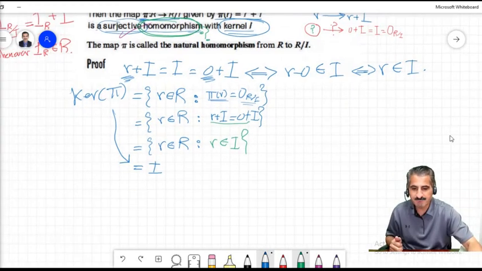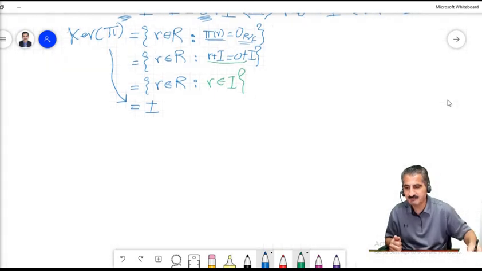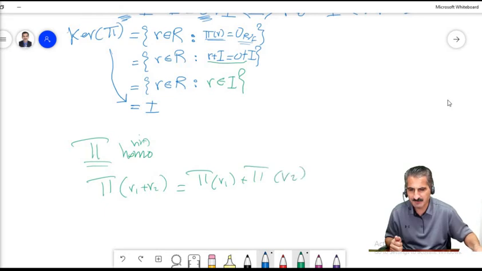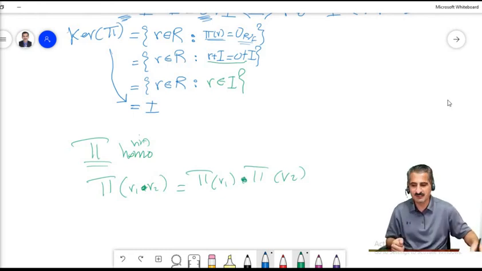Okay. And maybe just let me scratch it. To show pi is a ring homomorphism, I want to show that this equals pi of r1 plus pi of r2, and we have done this for groups. So let's assume for addition we have done it when we worked with groups. So let's do it for multiplication. What does that mean?